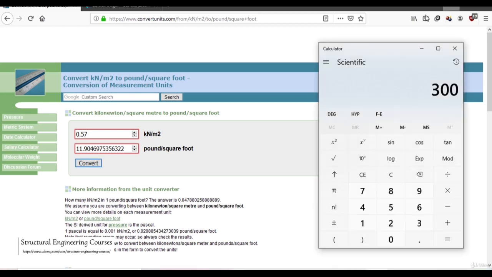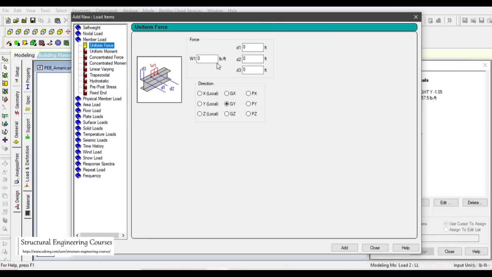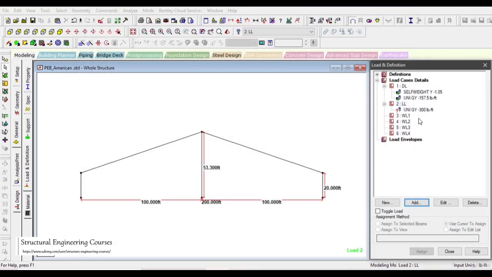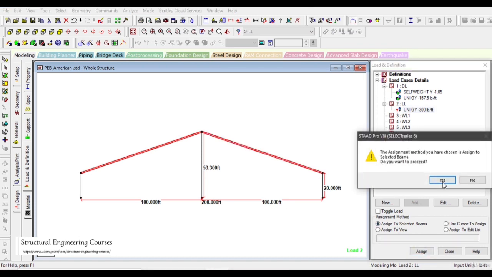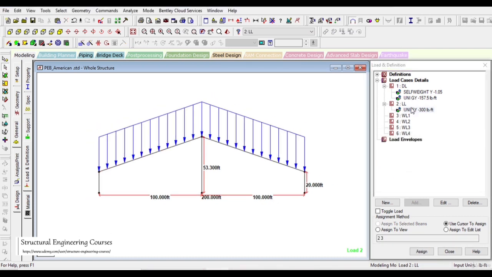So it comes out to be 300 PLF, pound per linear feet. So here we can enter it as minus 300. So we can assign this force to both of these members here. So now dead load and live loads are assigned.